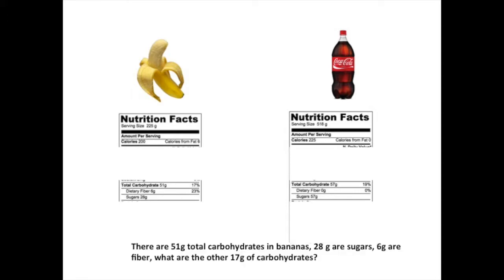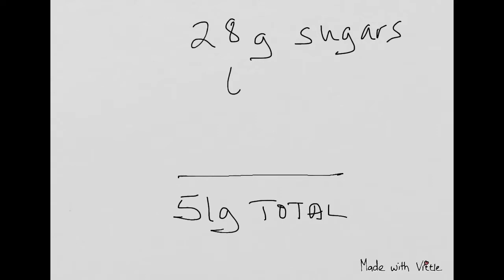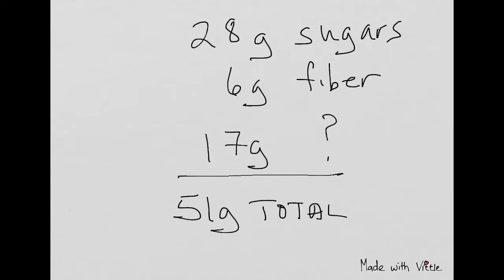So what are the other 17 grams of carbohydrates? 51 grams total, 28 grams of sugars, 6 grams of fibers, 17 grams of what?